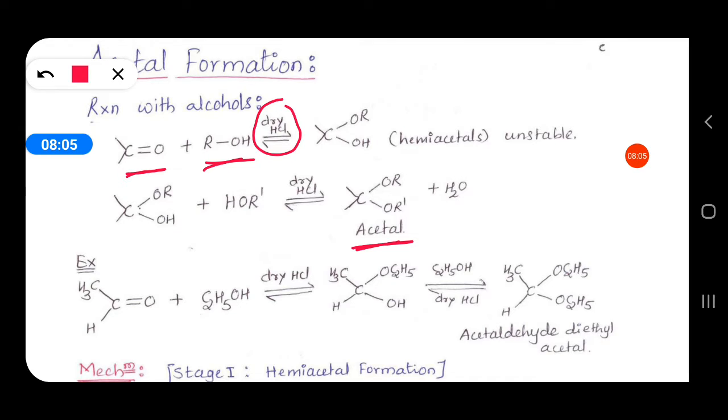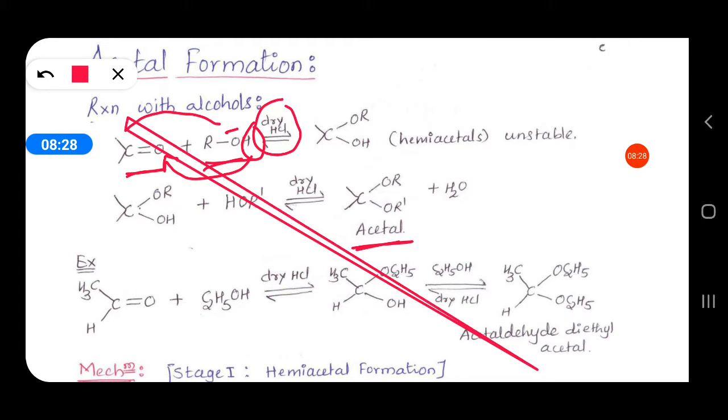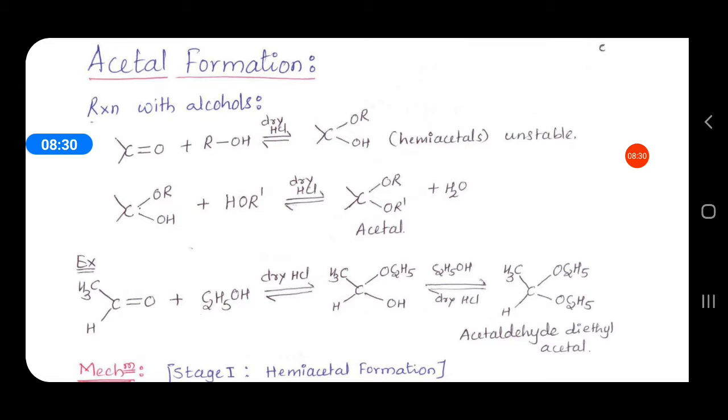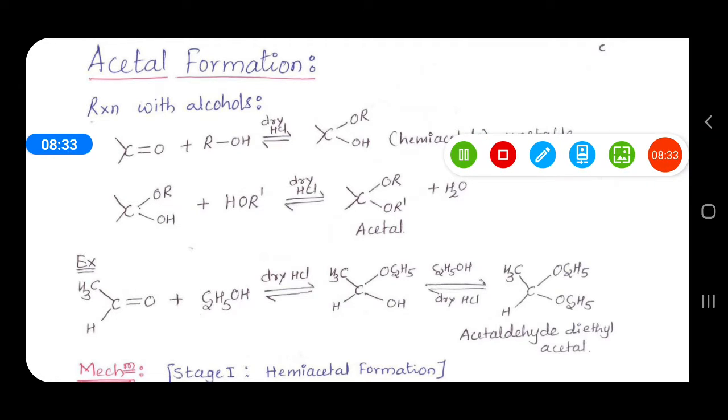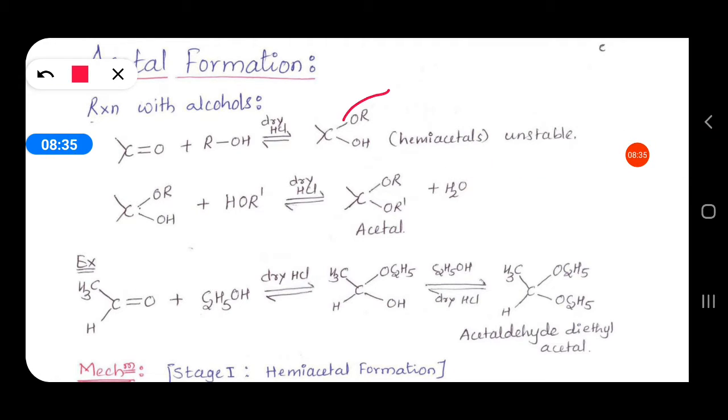So this is a catalyzed reaction. In the first step, the alcohol gives H plus and RO minus, an alkoxide ion plus a proton. The H plus goes to the electron rich oxygen and the alkoxide ion goes to carbon, so that it gives hemiacetal, with OR and OH.